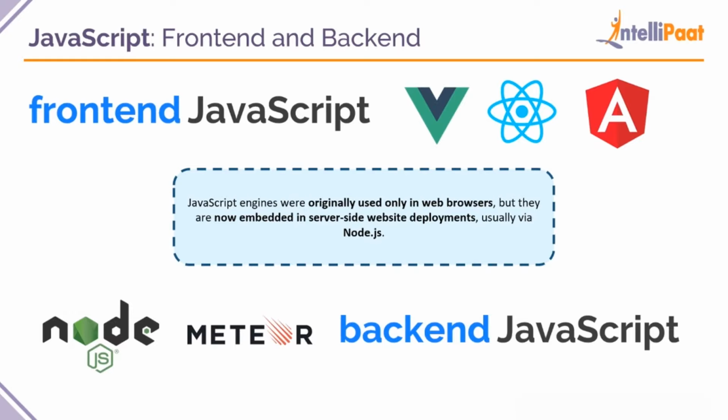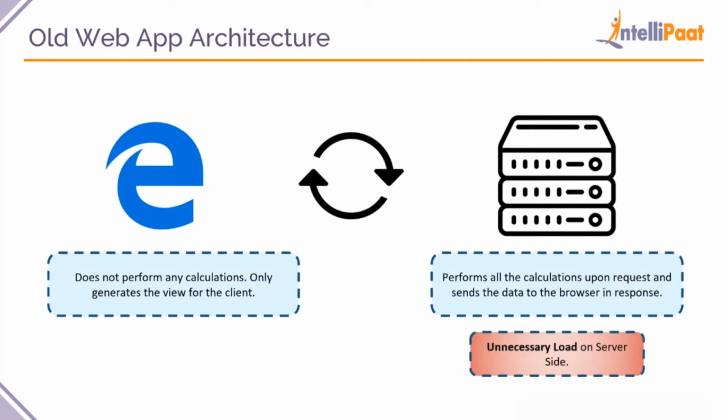So, moving on, we have a demonstration of what the old web app architecture looked like, where JavaScript wasn't a factor. Initially there were only static web pages using HTML and CSS, and every computational activity other than rendering of the web page was being done on the server side. Even minor operations such as adding two numbers were being done on the server side.